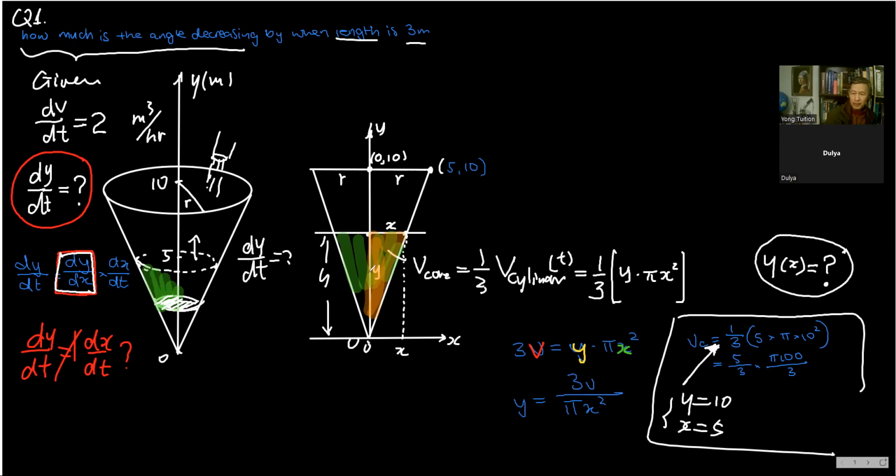Just put it this way, when the water level changes, y changes, right? And x is also changed. Do you agree? So when they are both changed, you have to find a relation between these two variables. Here the volume would be half x times y. Y equals half x. How do you know the half x?